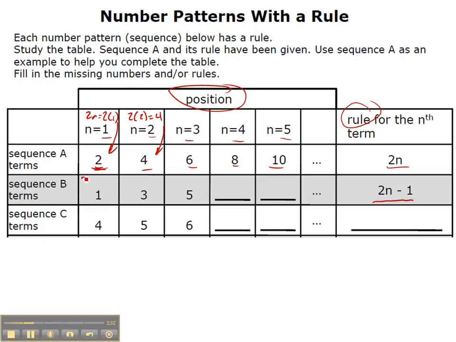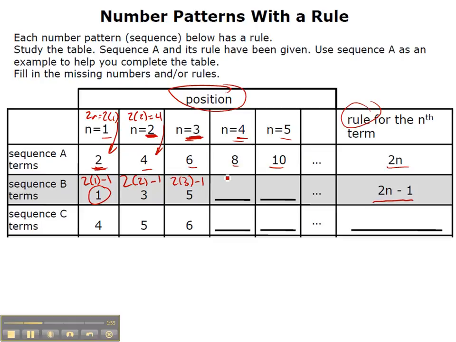2n minus 1, so 2 times n, which is 1, minus 1. 2 times 1 is 2, minus 1 is 1. 2 times 2, remember the n is coming from up here, 2 times 2 minus 1 would be 4 minus 1, which is 3. 2 times n, which is 3 in this case, is 6, minus 1 is 5.